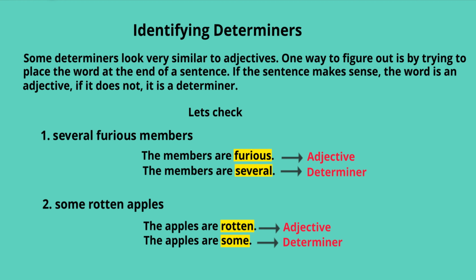Some rotten apples. The apples are rotten. That means they are spoiled, right? So rotten would be the adjective because that sentence makes sense. The apples are some. What does that mean? It doesn't mean anything, right? So some here would be the determiner because it doesn't make any sense.